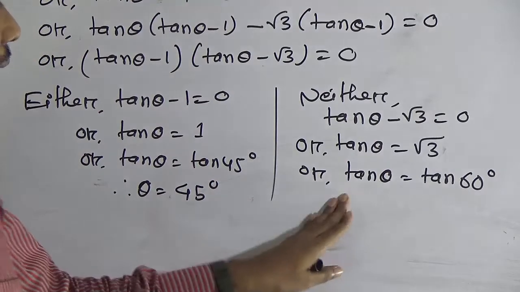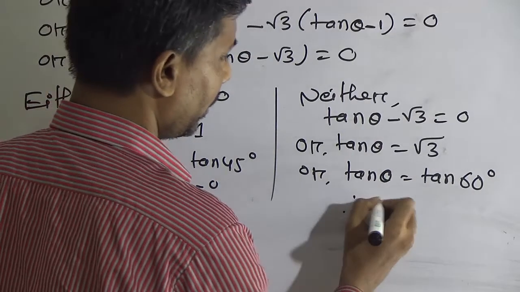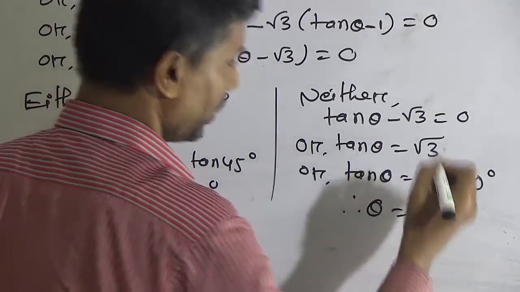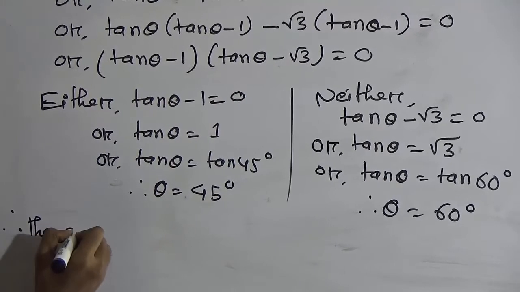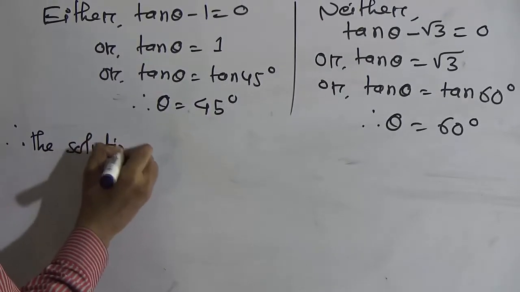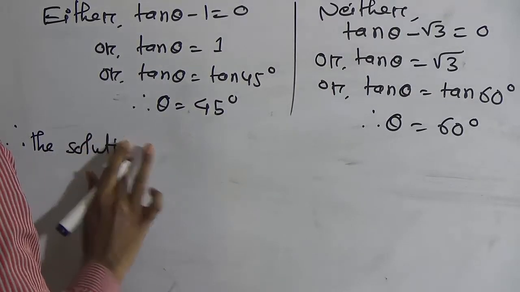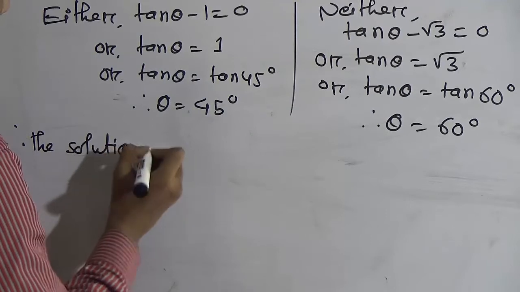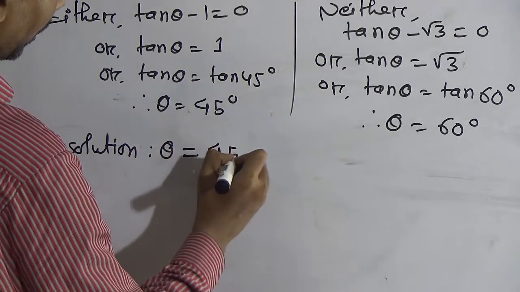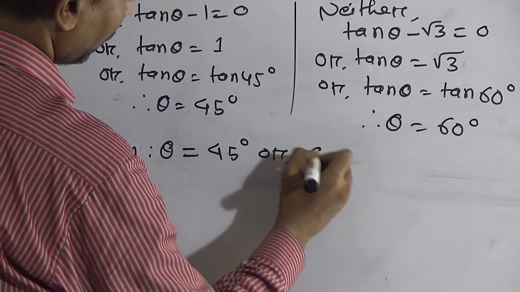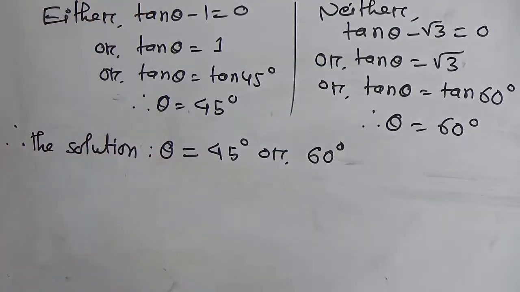Tan and tan vanish, then we get theta equal to 60 degree. Okay student, in the question there is no condition. Therefore the solution is theta equal to 45 degree or 60 degree. This is our required solution.